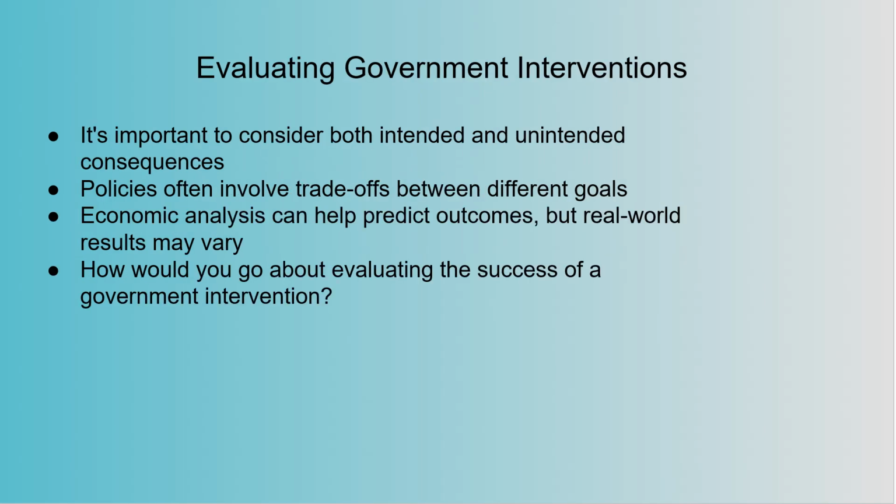When we're evaluating these government interventions, it's important to understand that all of these policies involve some trade-offs. We have to sacrifice something in order to gain something else. And there are both intended and unintended consequences. Economic analysis obviously helps to predict these outcomes, but in the real world, these things vary.